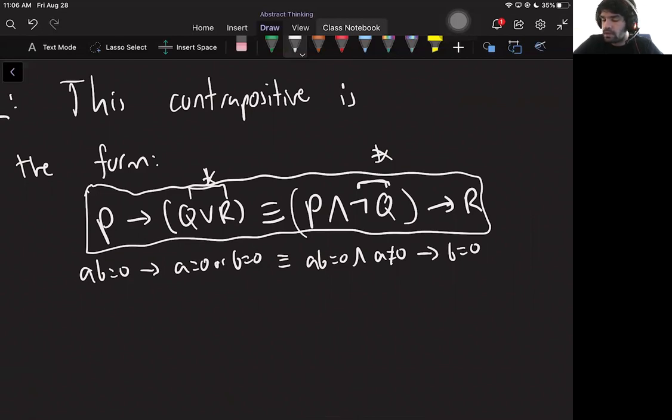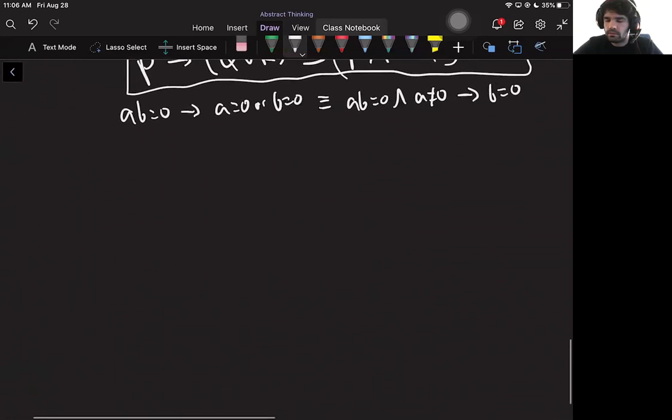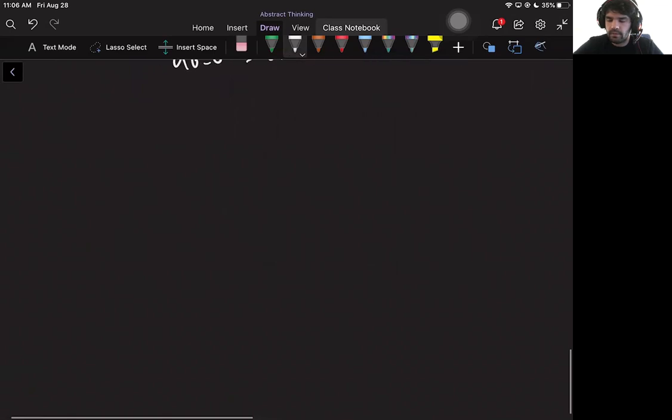Because like I said, if it was true, then you would already be done. The conclusion would already be true since it's an or. So you're going to pretend it's not true and make sure that the other piece of the or statement still happens. Okay. All right, so I'll keep pointing that out when those types of proofs show up.